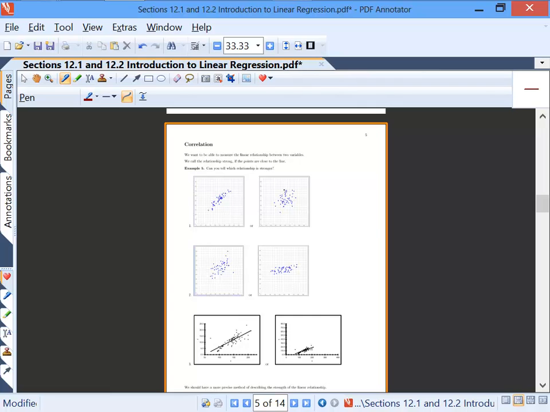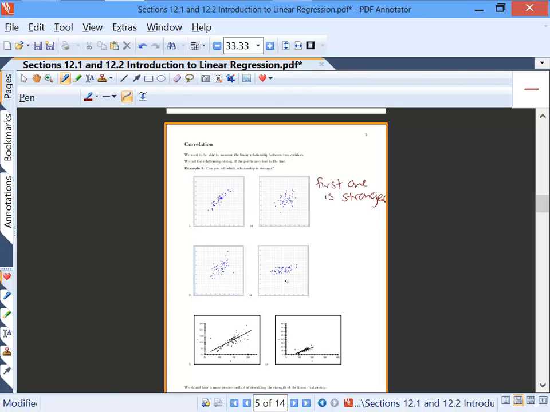Between the first two, which one do you think has a strong relationship? The first one. What about these two? The second one.